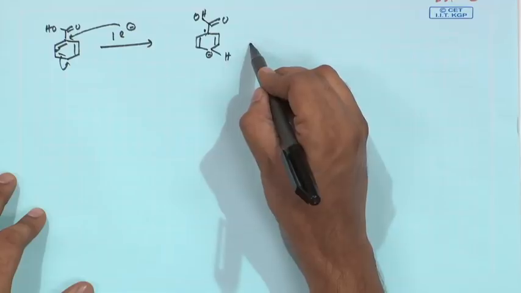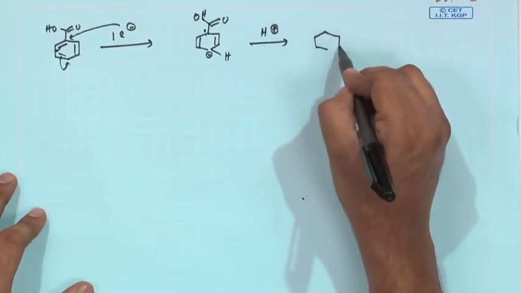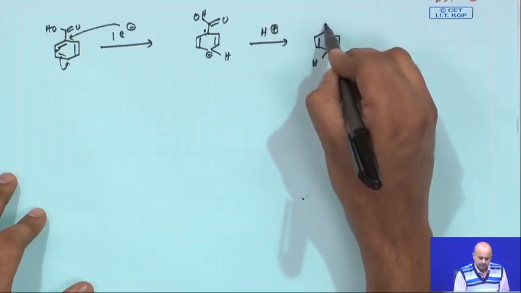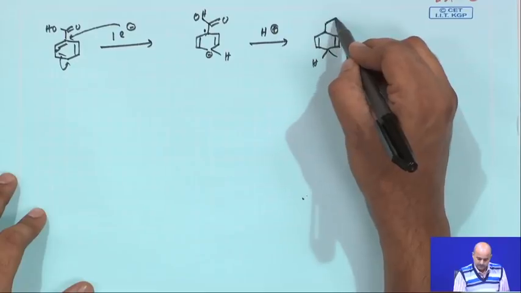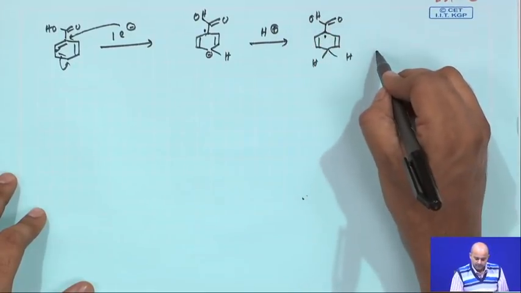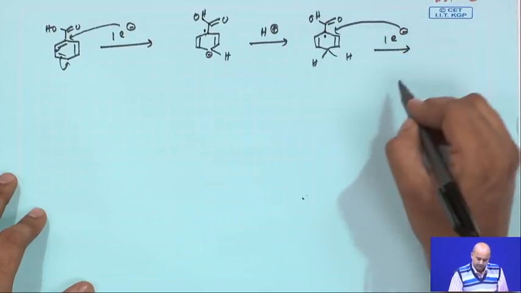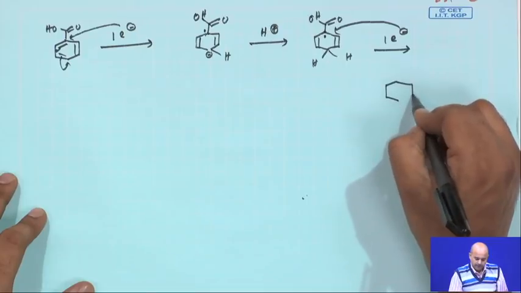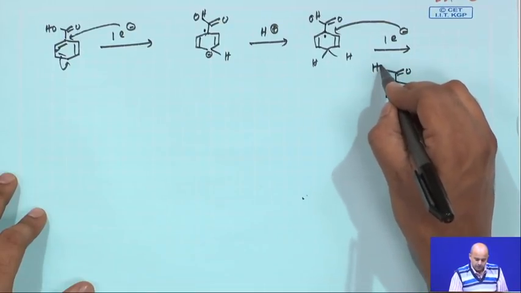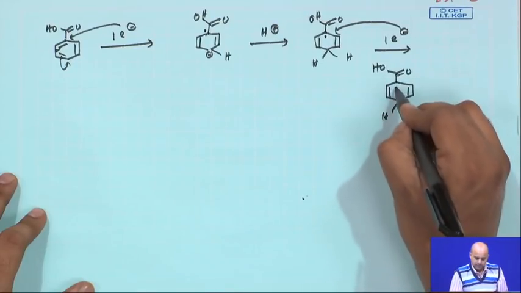Now, this negative will be accepting H plus to give you this, okay. Now, this dot is there, another one electron will be transferring here to give you a net negative charge on this carbon.